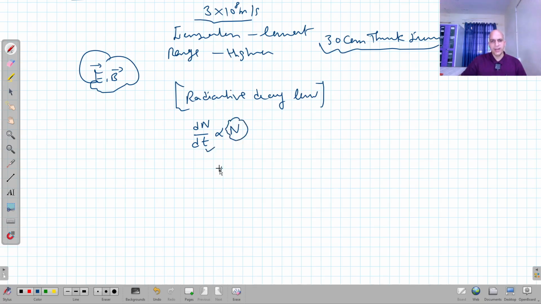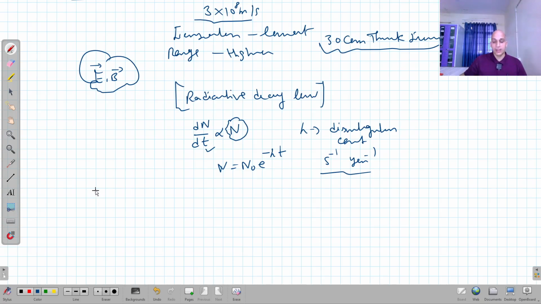If we simplify it, N is equal to N naught e raised to power minus lambda t. Here lambda is the disintegration constant, and its units can be per second, per year or per minute, right?